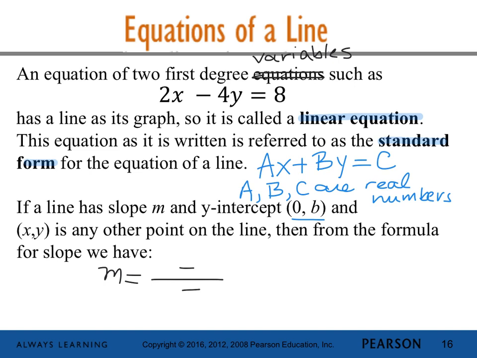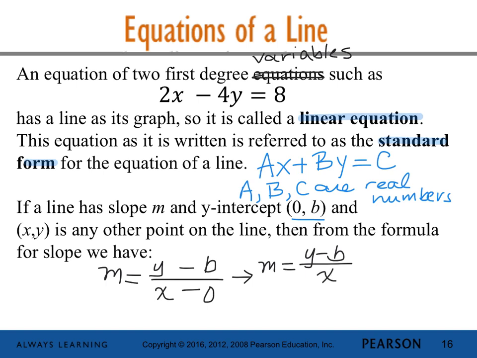Here's our point, (x, y). And (0, b) is the other point. And algebraically, we can just forget about the 0 because it doesn't change anything. And so the slope is equal to y minus b over x.